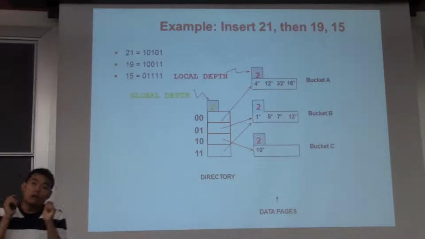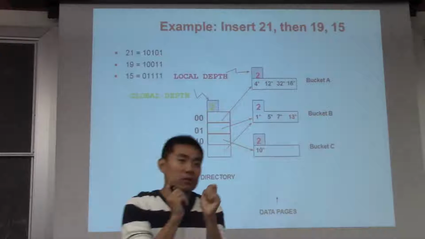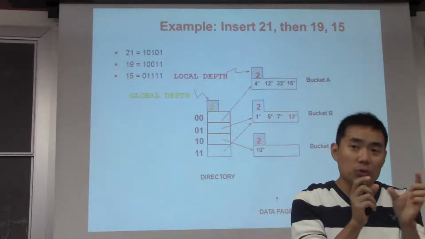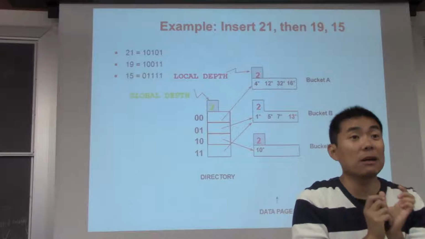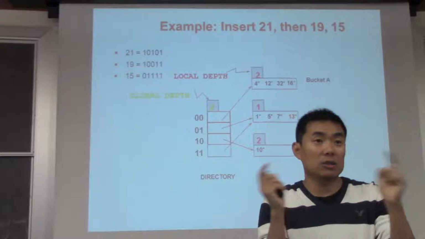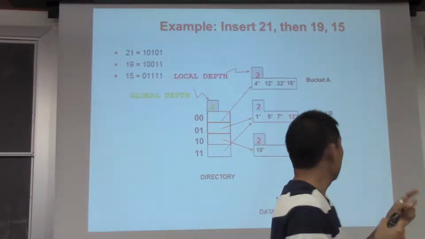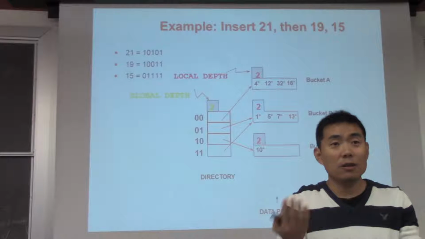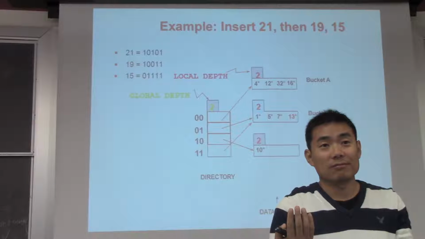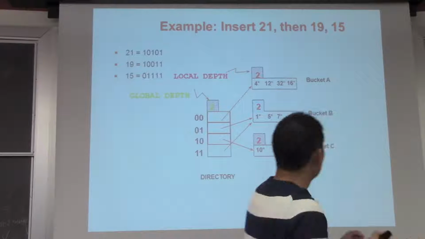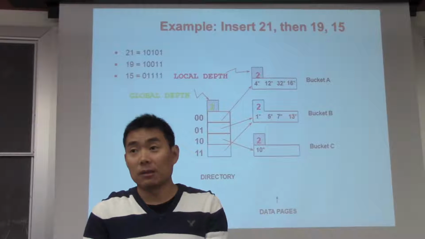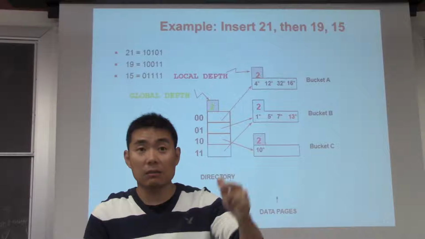which means by increasing the local depth, you change one subtle thing, which is how many bits you use to distinguish the entries in this bucket. Before this, you look at the last 1 bit, all of them are 1, which is okay. Now, you look at the last 2 bits, they're different. Why? Some of them are 0, 1, some of them are 1, 1, which means they should go to a different bucket now.